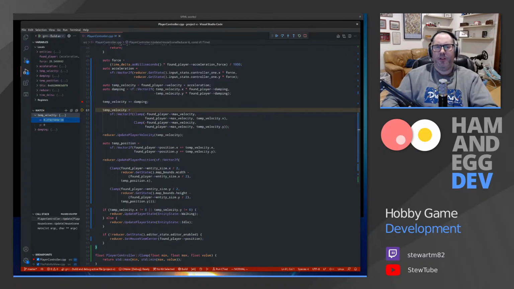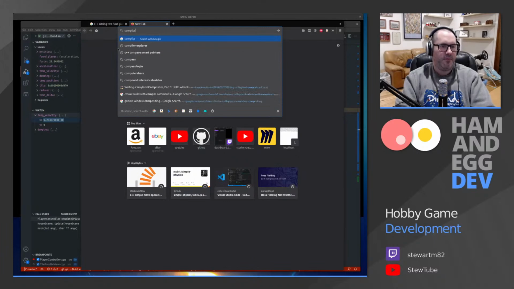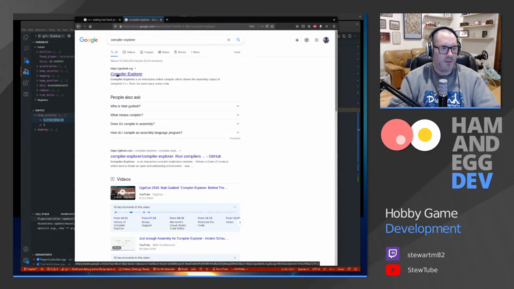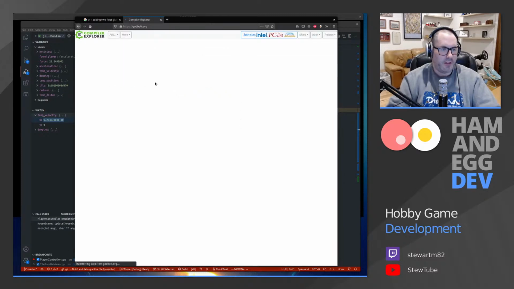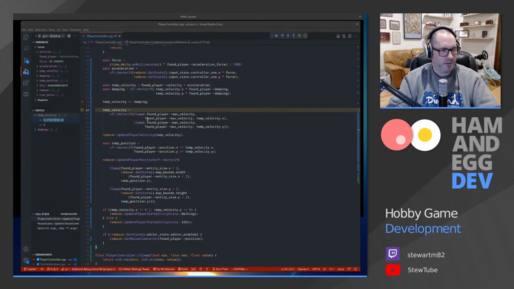I wonder if I can use Compiler Explorer to verify this. I haven't really used Compiler Explorer, but its domain name is godbolt.org, which is kind of an awesome domain name.